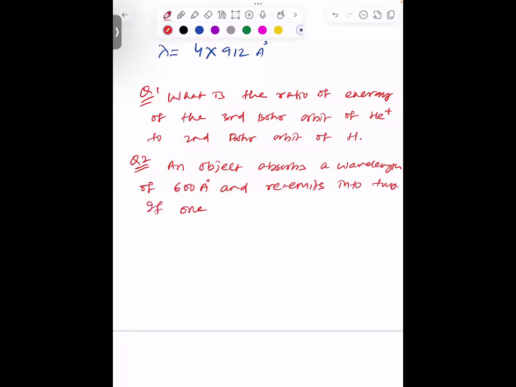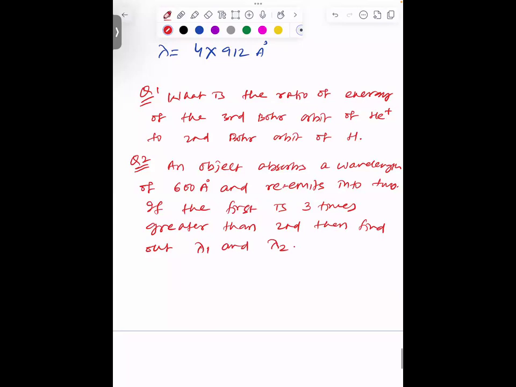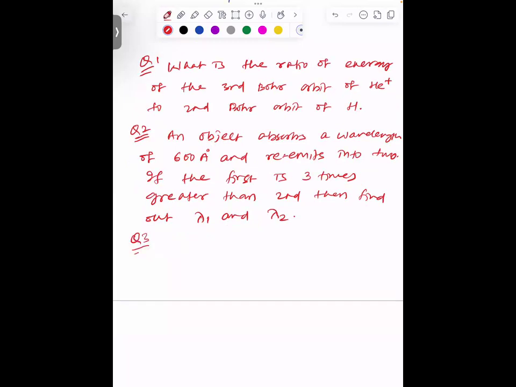If the first is 3 times greater than the second, then find out lambda 1 and lambda 2.